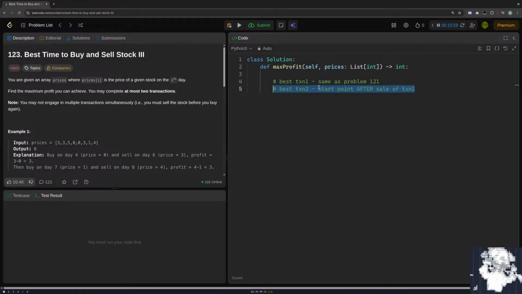The thing I'm still struggling to figure out is, would I ever want to go back in time? Let's say I have a transaction 1 that I'm saving inside here, and I'm checking, is selling now or buying, I'm figuring out what's the best transaction 2 I can do from here.